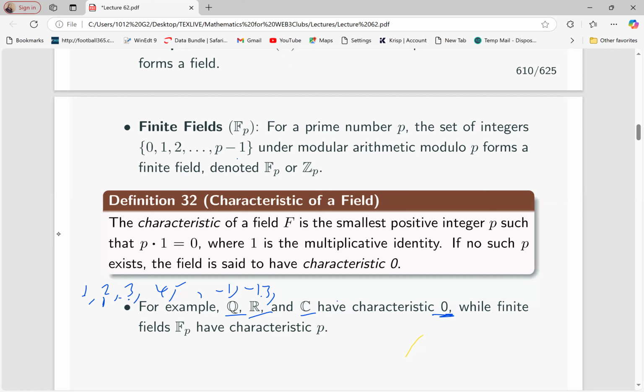And therefore these fields are of characteristic 0, because we cannot identify any element inside them which, when multiplied by 1, gives 0.